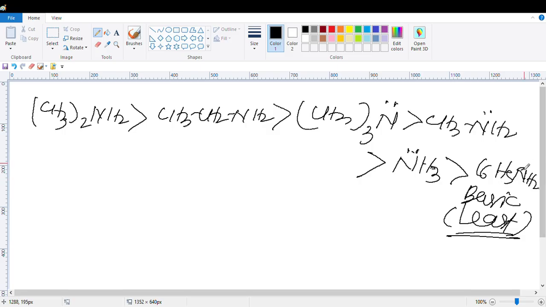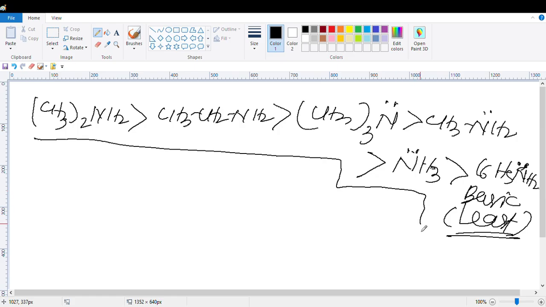the electron density on nitrogen decreases as it is involved in resonance stabilization, isn't it? So these are the basic strengths in aqueous solution of methyl derivatives.